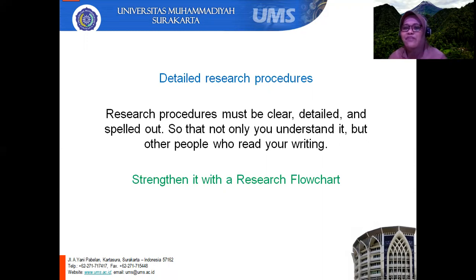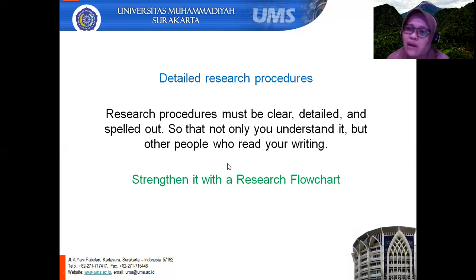We must have the mindset that not only we understand our research, but also other people who read our writing will understand the step by step of how our research will be conducted.